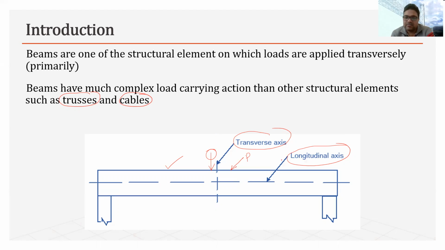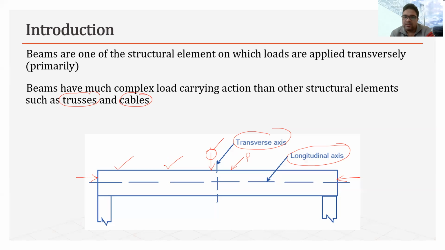So if we pass load along the longitudinal axis like this, this beam will behave like a column. But in the case of a beam, we are applying load transversely in this direction. That is why it is a little more complex, because the effect of load applied along the transverse axis is very complex.